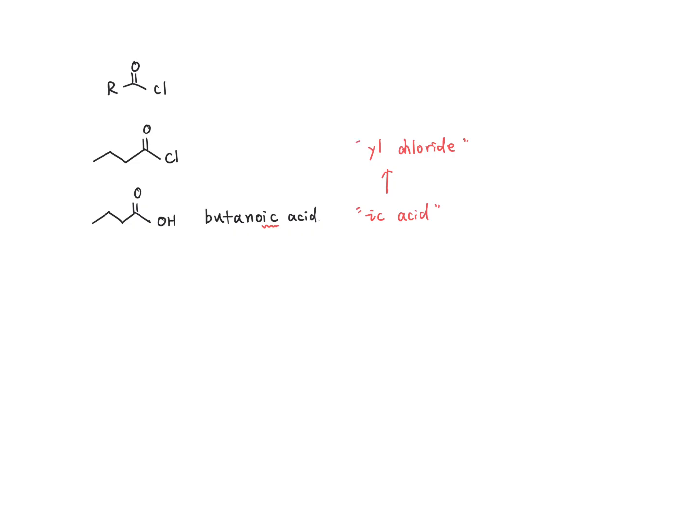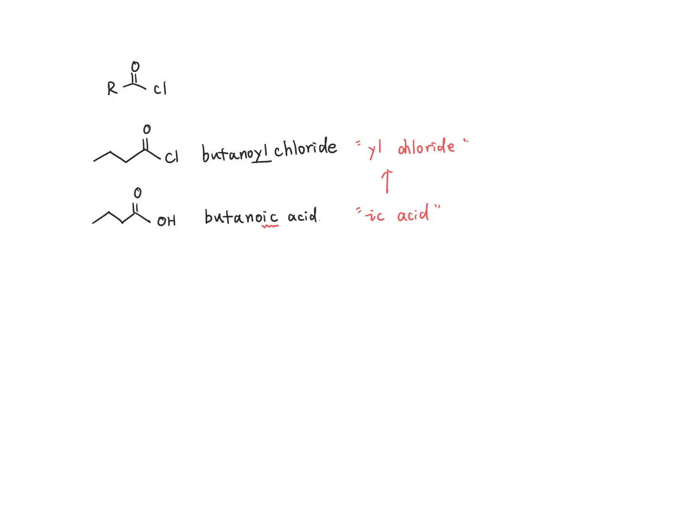So for this example, what we are going to have now is butanoyl chloride. So that is how we name the acyclic acid chloride.